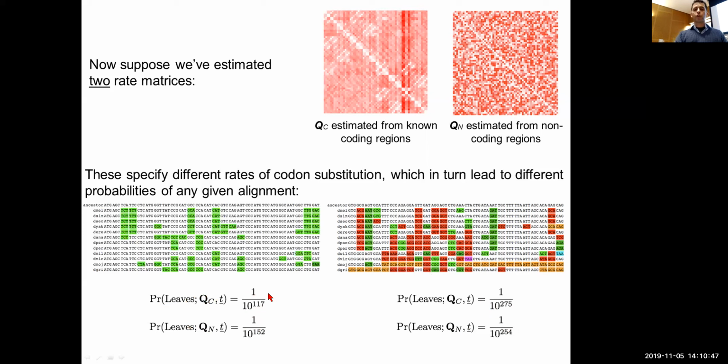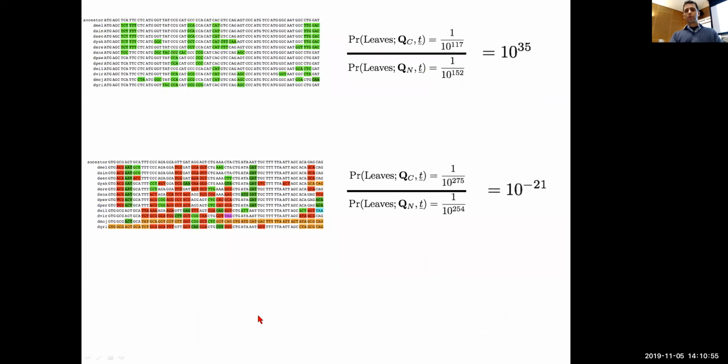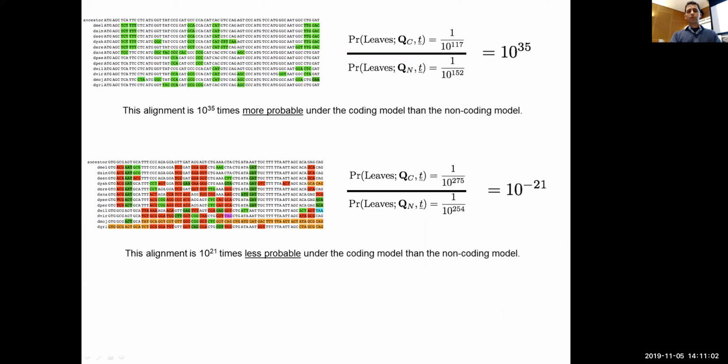Of course these numbers are very small because there's a huge number of possible alignments that my generative model can generate, but it's the likelihood ratio that you care about. So 10 to the 35 and 10 to the 21 is the difference in ratio. That basically means that this alignment is 10 to the 35 times more likely. That's 10 followed by 35 zeros. I don't know if you get the magnitude of that. My 4-year-old daughter last year was saying, is 100 even a number?